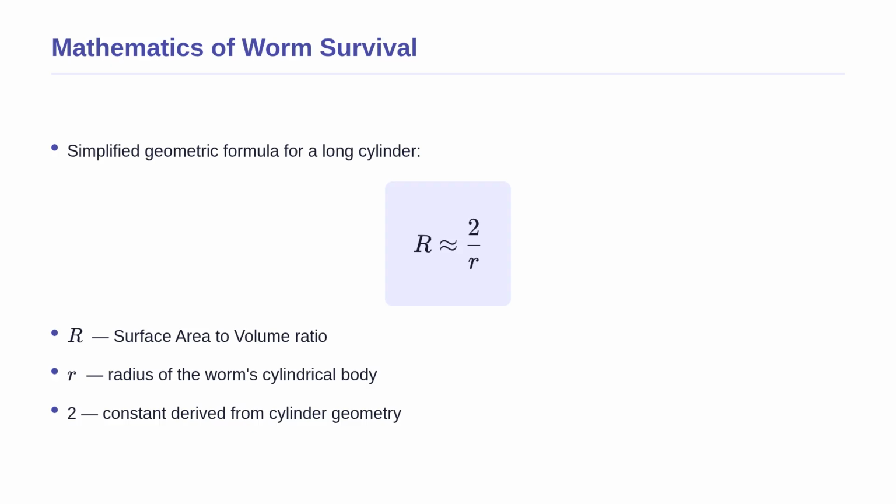The number 2 is a constant derived from the geometry of a long cylinder where the ends are negligible. Conceptually, this formula tells us a profound biological truth. As the radius increases, the ratio decreases rapidly. Therefore, to maintain a high enough ratio to breathe efficiently, an annelid must keep its radius very small, which is why worms are always long and thin rather than short and fat.